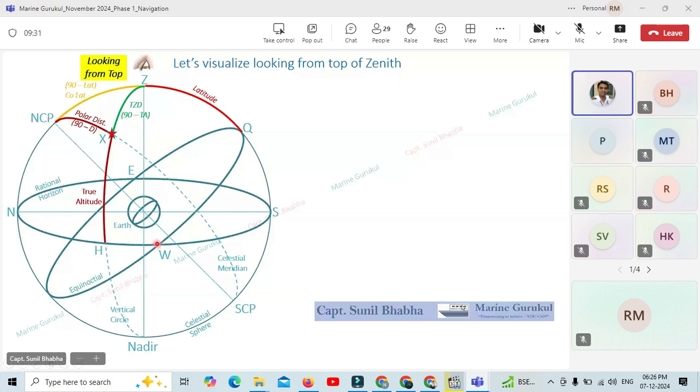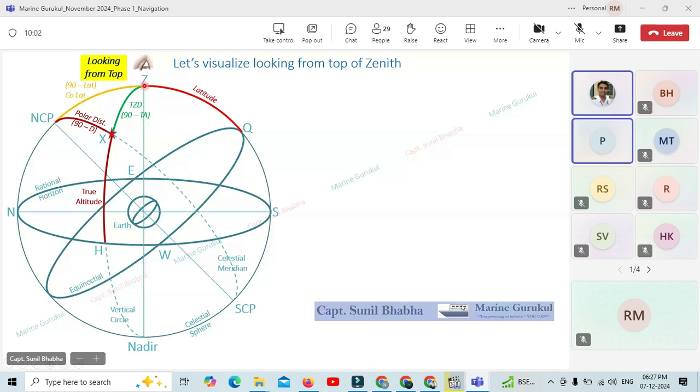But assume for a moment that you are able to go up to the zenith. Let's say you have a rocket, you sit in the rocket, it takes off and it goes vertically upwards. Now, if that rocket goes vertically upwards, eventually at one point of time, it is going to reach the zenith of the observer.